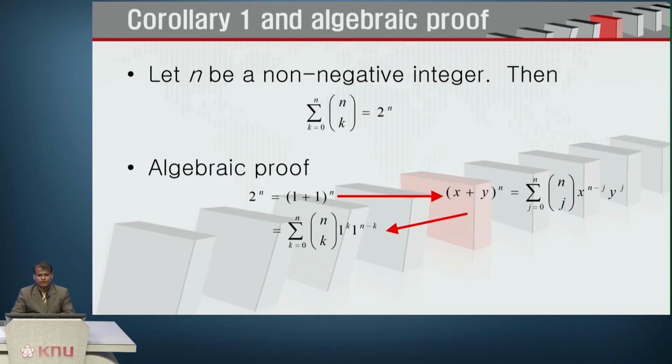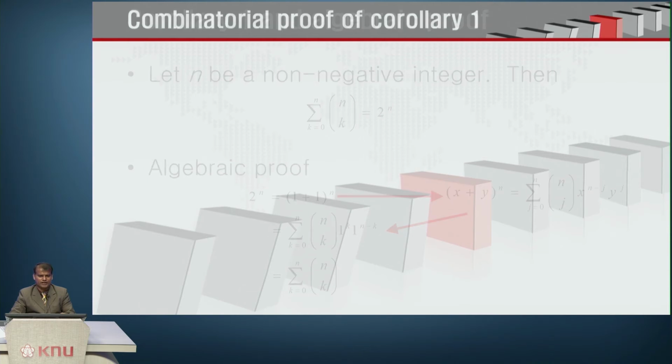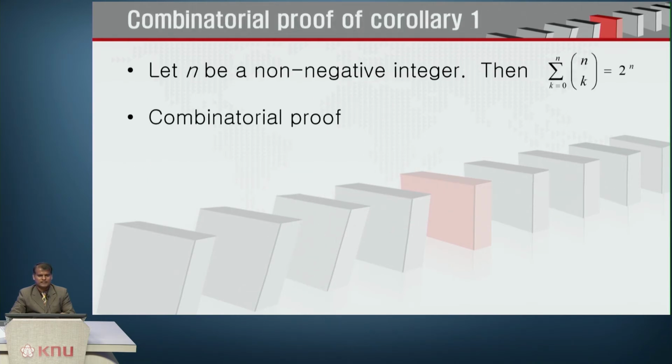So in terms of x and y, right now we can again have this combination of the form n choose k, 1 power k and 1 power n minus k. Again, coming back to this form, you have the summation k equals 0 to n of n choose k there. So that's an interesting observation.